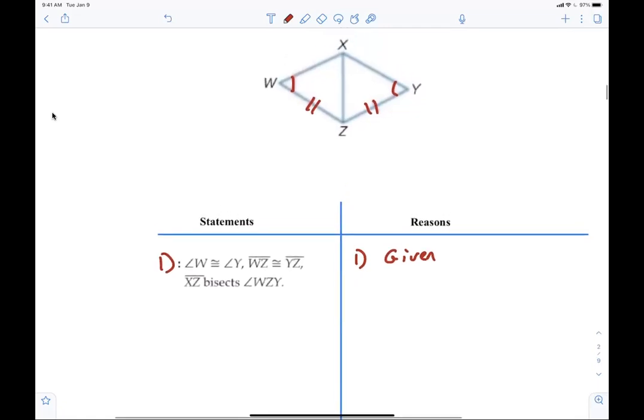Okay. Now it says that XZ bisects angle WZY. So again, I'm going to let Elise jump in there and tell me what that means. XZ bisects angle WZY. So first, highlight on your paper WZY, please. It's really simple if you do this.